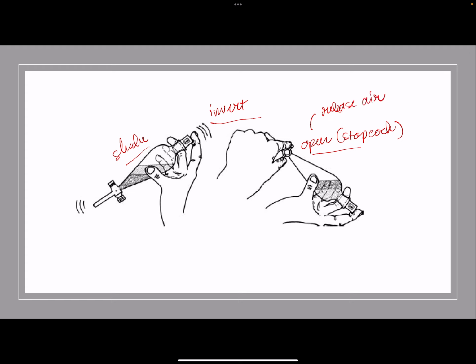Kasi this shaking is going to produce air because of the contact. It's releasing some air, some gases, and in that case, kailangan natin silang i-release. Otherwise, the pressure is going to build up inside the separatory funnel, which could cause a disaster. So, kailangan natin siyang i-release. Kaya siya tinawag na shaking, venting.